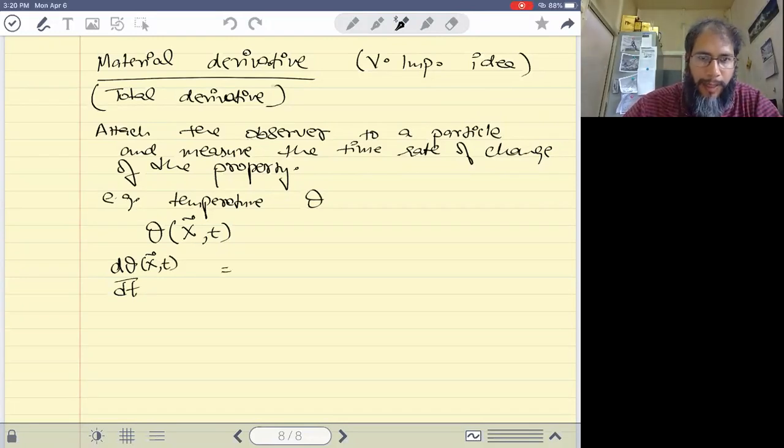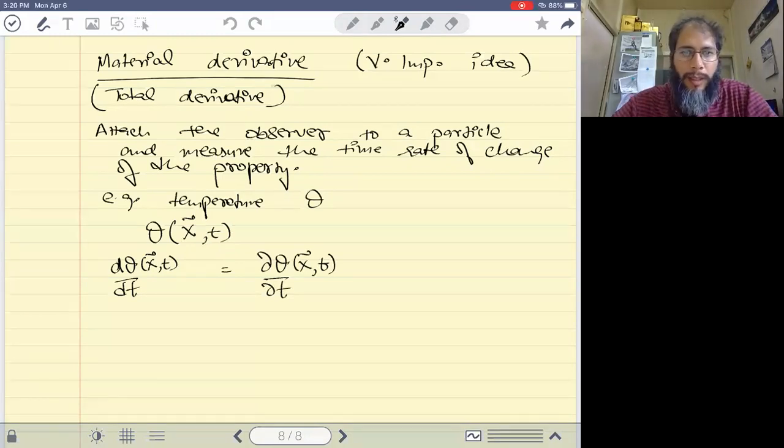Now we already know that capital X is not a function of time, so we can write this as del theta by del t, where theta is written in terms of capital X and t. Okay, so mathematically it's nothing but the partial derivative of theta with respect to time when theta is given in the Lagrangian description. And physically or intuitively, it's measuring a property, because you see that the particles are moving, the configurations are changing in time.